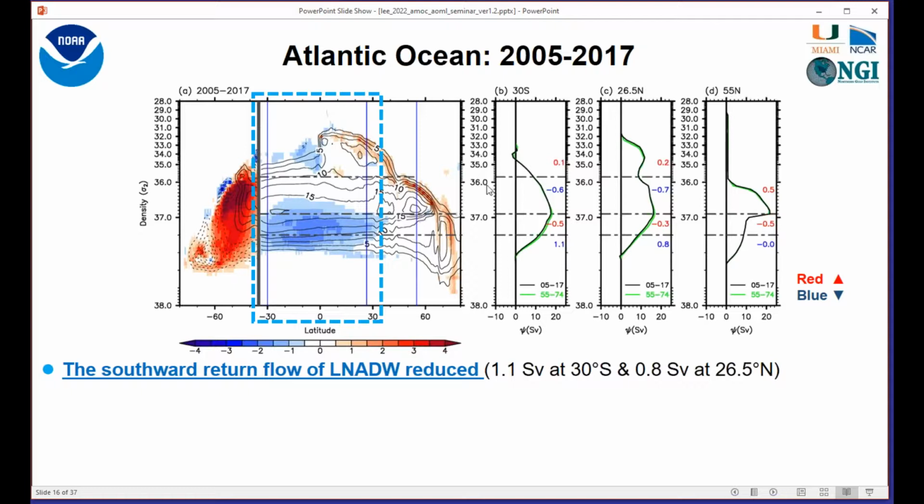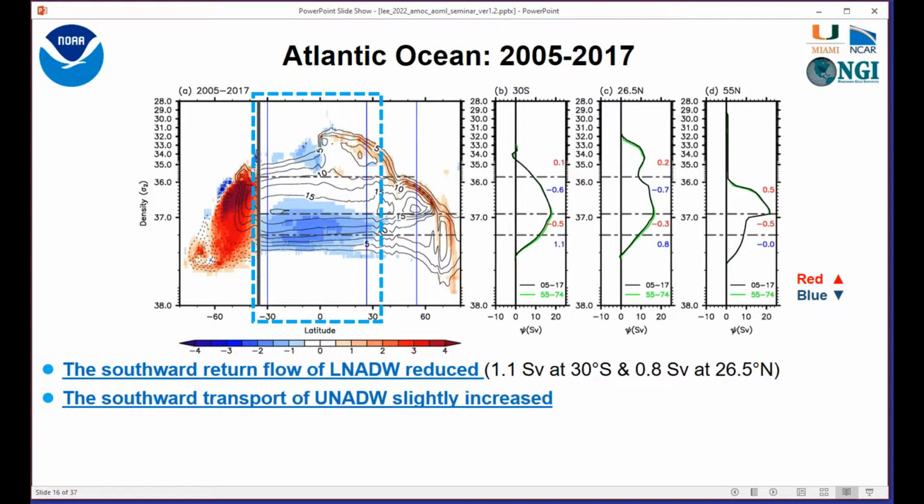So basically, you see that the lower North Atlantic deep water southward flow is reduced by 1 Sv at 30 degrees south and 0.8 Sv at this latitude. So you see a pretty strong signal of the reduced lower North Atlantic deep water southward transport. At the same time, what is interesting is that the southward transport of the upper North Atlantic deep water is slightly increased.